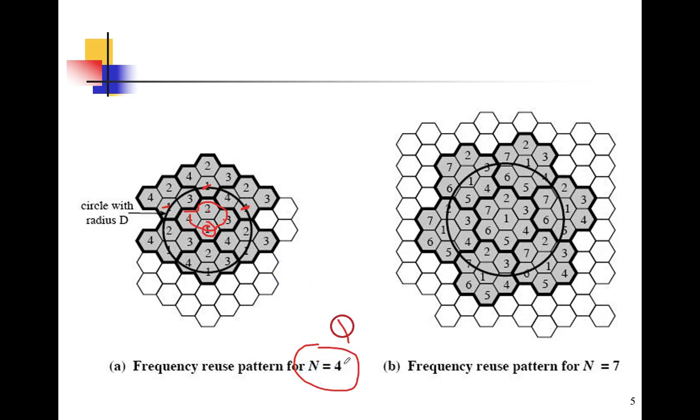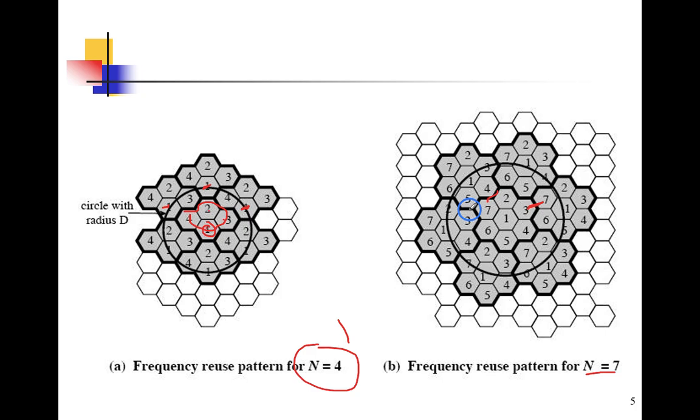You can increase this to N equal to 7 in that particular pattern: 1, 2, 3, 4, 5, 6, 7, and then it is repeated. But make sure that adjacent cells do not have the same frequency. Why? This is to avoid interference.